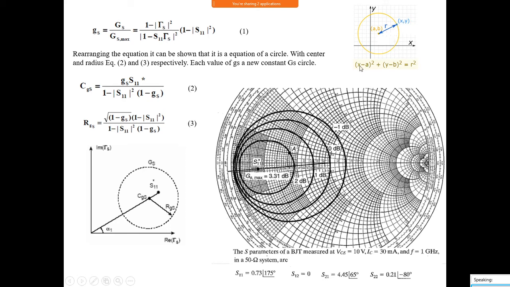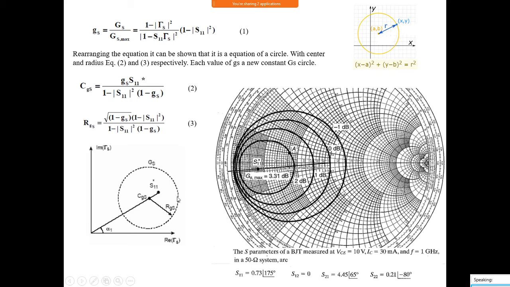If we vary x, keeping a and b constant and the radius constant, y changes. That forms a circle like this. Based on the value of x, y forms a circle.